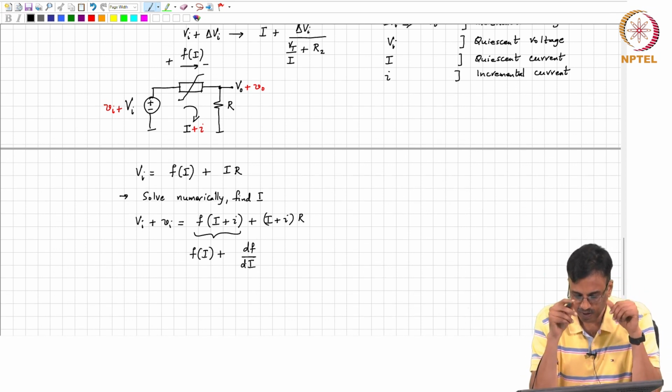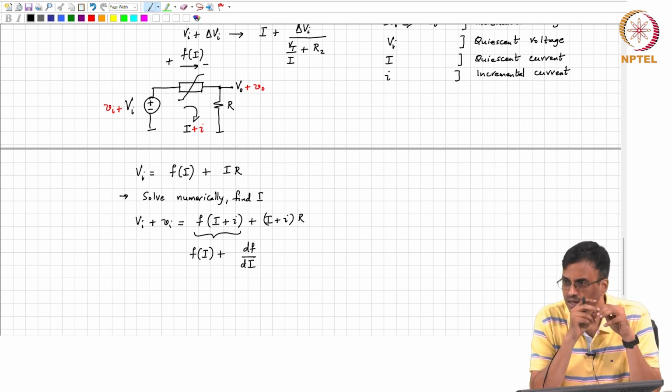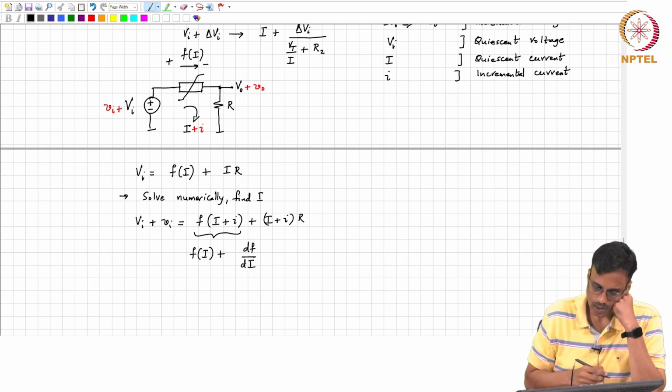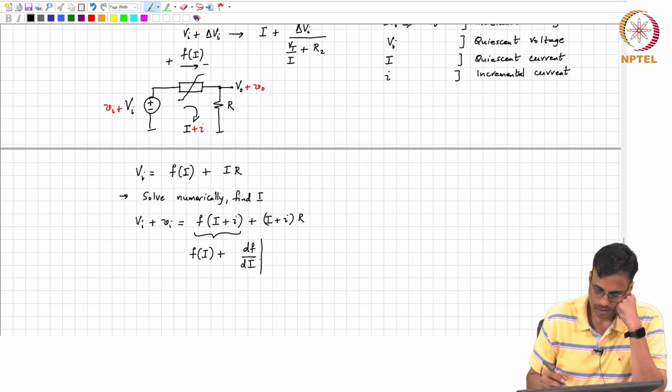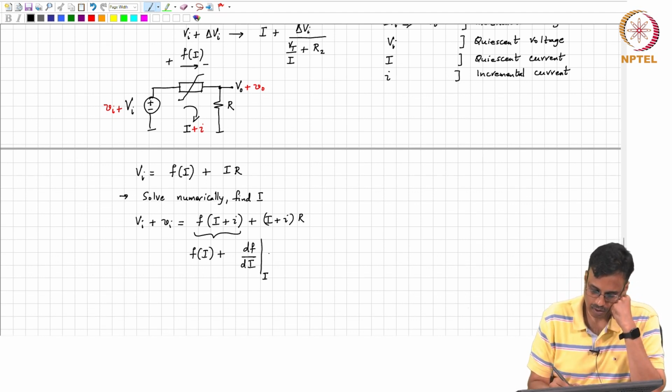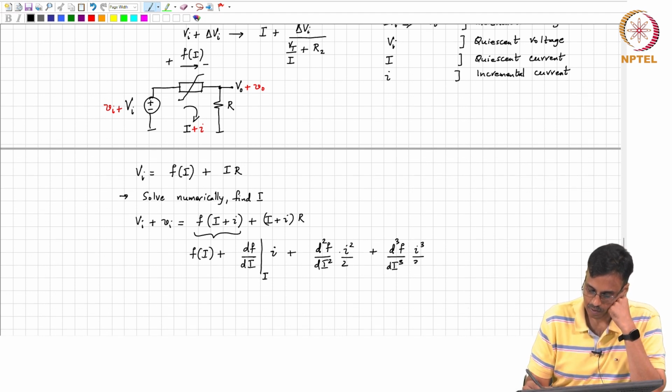What I mean is, when I say df by di, it is the derivative of the function with respect to its argument evaluated at capital I. Plus the second derivative times i square by 2 factorial, plus the third derivative times i cube by 3 factorial, and so on.